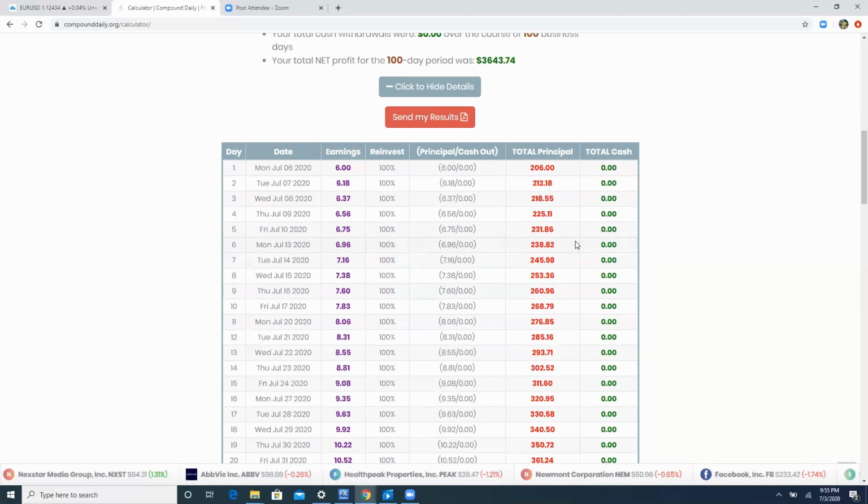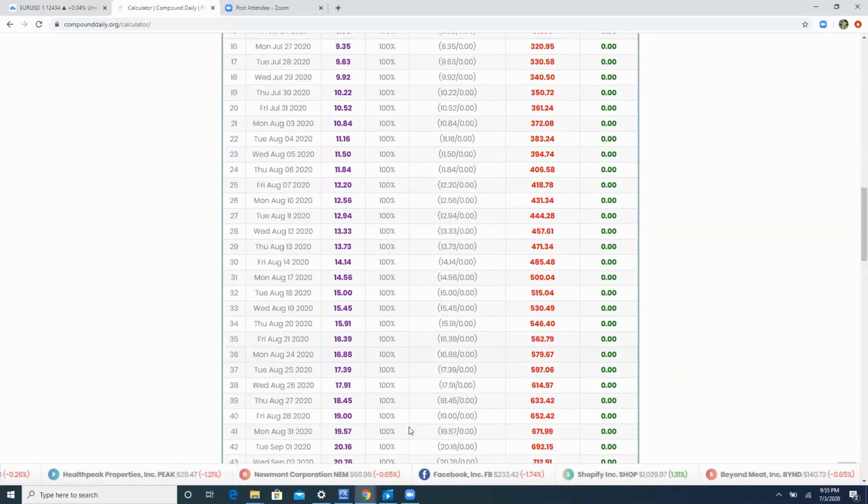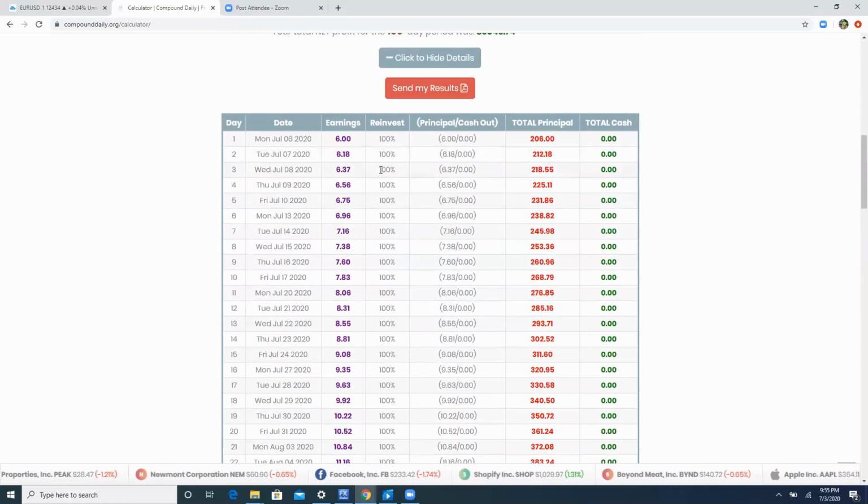The second reason why a lot of people don't make it to doing this when they have a small account is psychological. If you're putting in effort to pinpoint a trade in the markets, to pinpoint a certain percentage every time you trade, you're not going to be very excited about making $6 or $10, or even if we go down $20 in a day. That's not going to excite you, a single day's earnings.